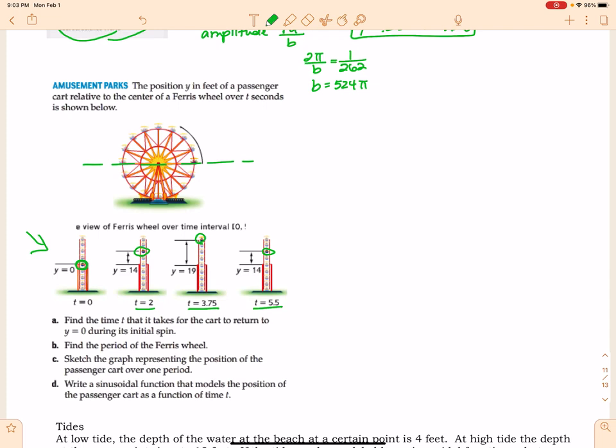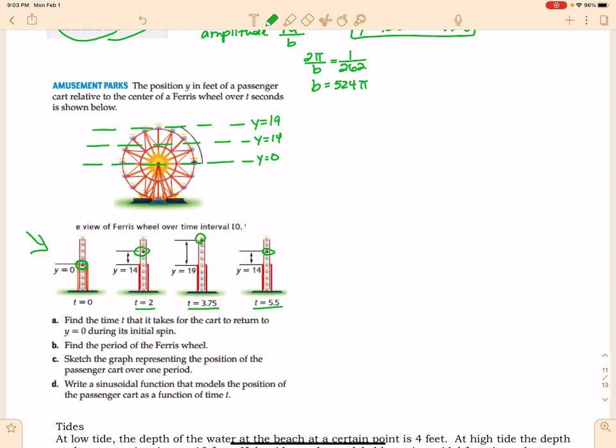Half of all the way around the circle. So right here, y is equal to 0, but as it moves up, y is equal to 14, and then at the top, y is equal to 19, okay, that distance there.